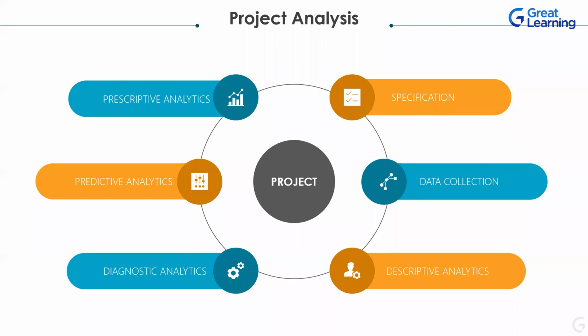Then based on that, if your specification requires a prediction, do predictive analytics, and then prescribe. That is your recommendation. Now, this predictive analytics totally depends on whether my specification is to predict something or not.